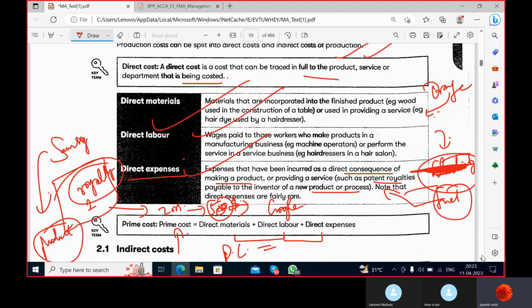Electricity, there's no clarity, because many places use it as direct cost, many use it as indirect cost. I'll write the list of the expenses here. You make a note of this. Examples of direct cost: direct material, manufacturing supplies, transportation, consumption of power, fuel.